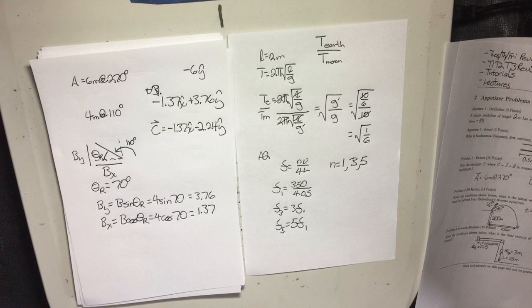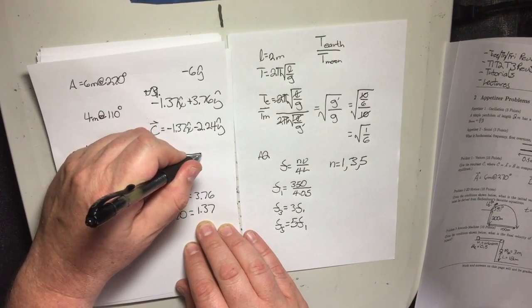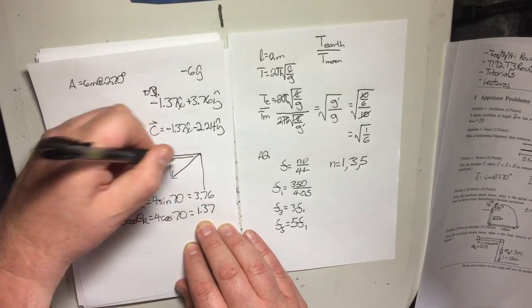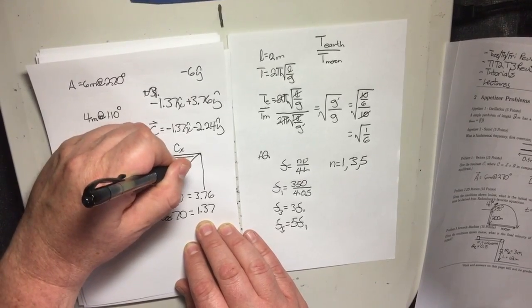What quadrant is that vector? 3. Both components are negative. You draw a generic third quadrant vector. Cx, Cy, theta r.